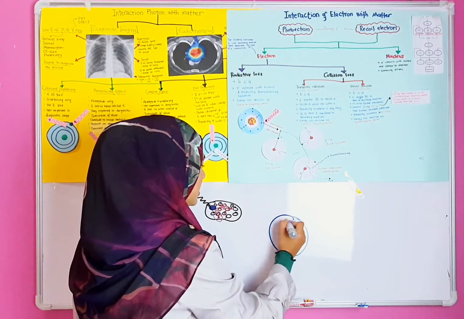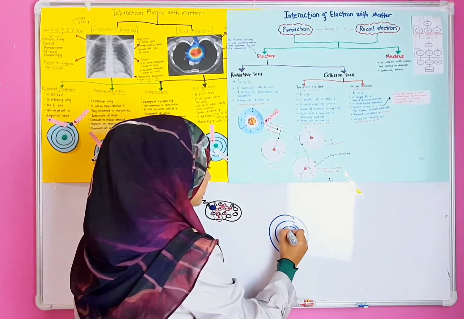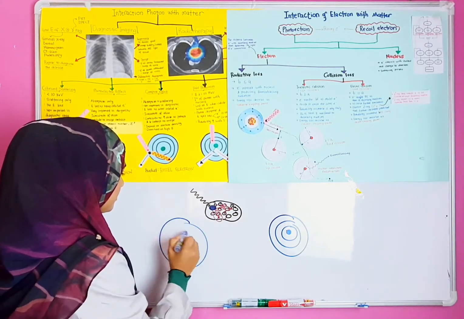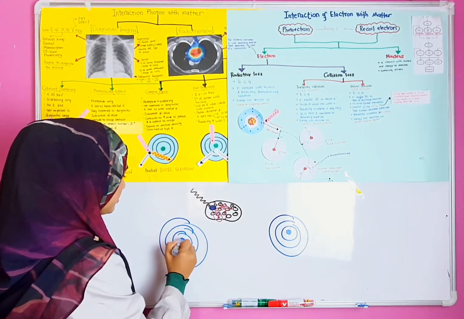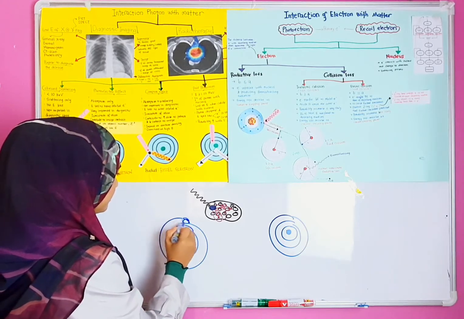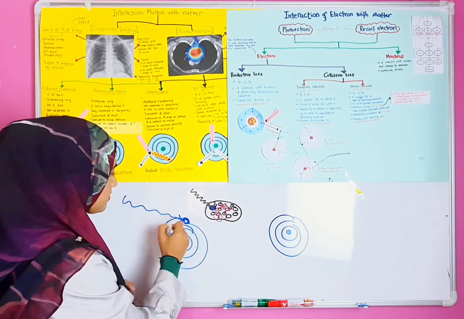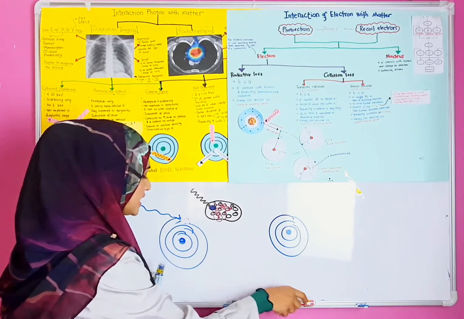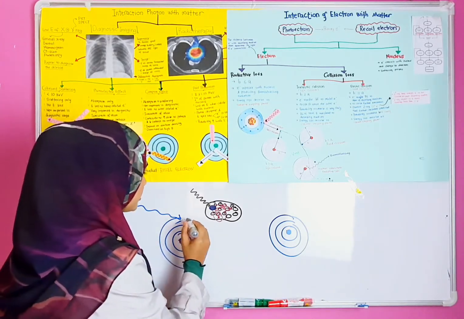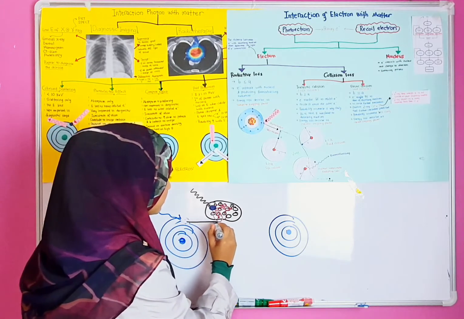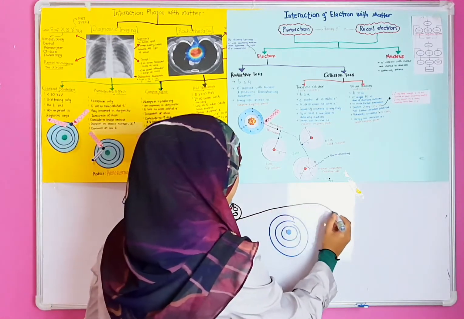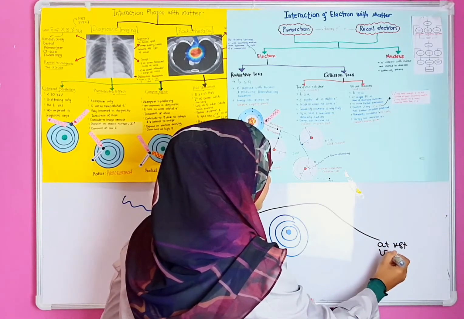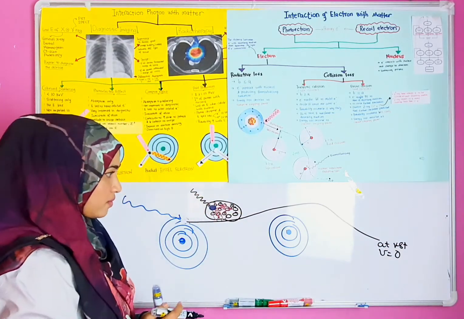Let's say I take a single atom. After the incident of photons with the atom, this electron, after it absorbs energy, will travel until it is at rest, where the speed becomes 0.